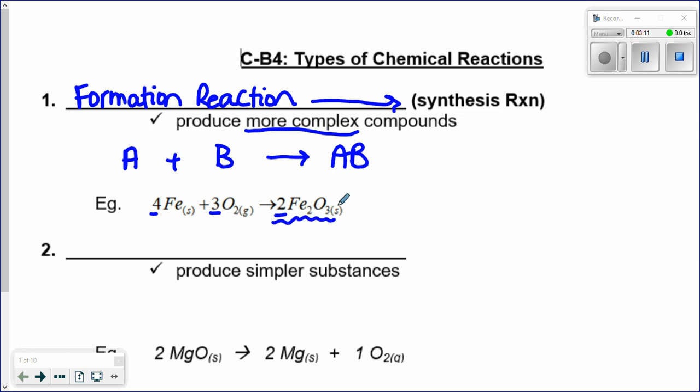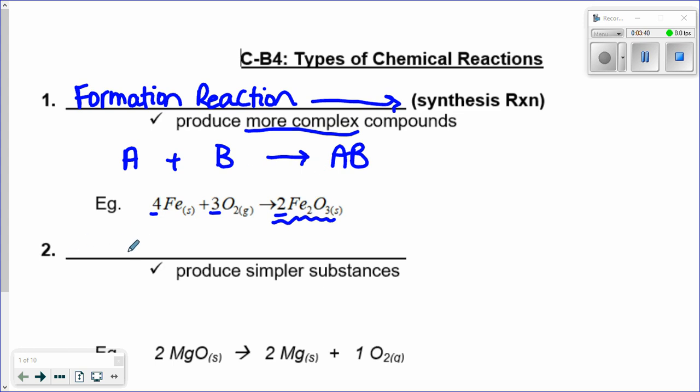On an older car or a new car that's had some trouble, when the iron on the outside of the vehicle is exposed to oxygen, usually it requires some humidity or moisture in the air to facilitate this process. It produces iron 2 oxide. Sorry, iron 3 oxide it would be, because oxygen is 2 minus, so this needs to be iron 3 oxide.